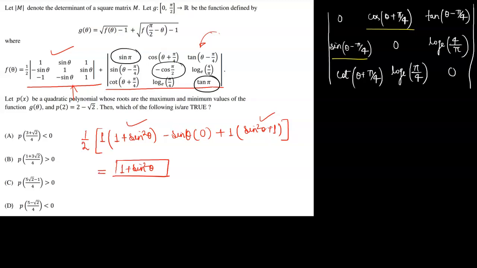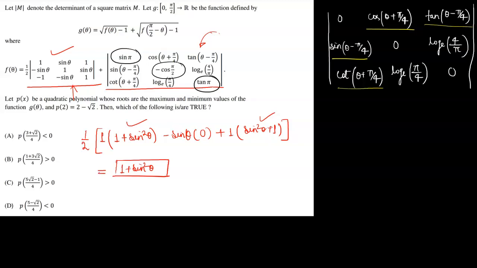Again, if you go through this term, this tan theta minus pi by 4 and cot theta plus pi by 4, they are also going to be similar. How will they be similar? They will be similar like this.